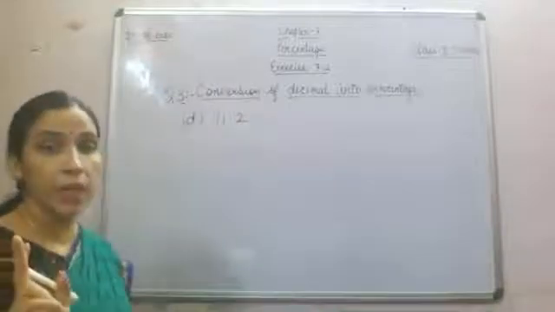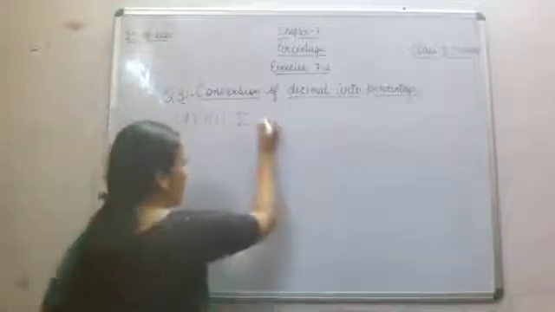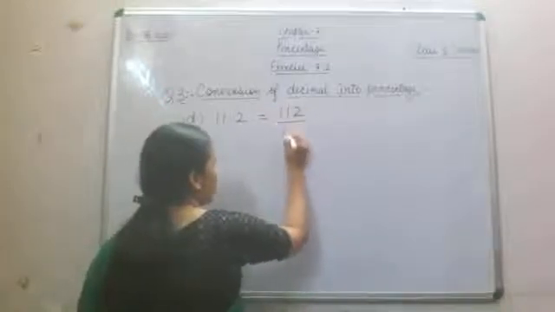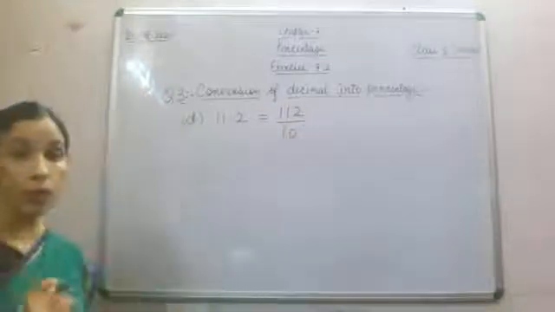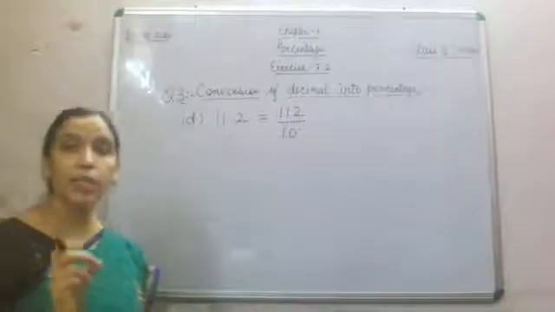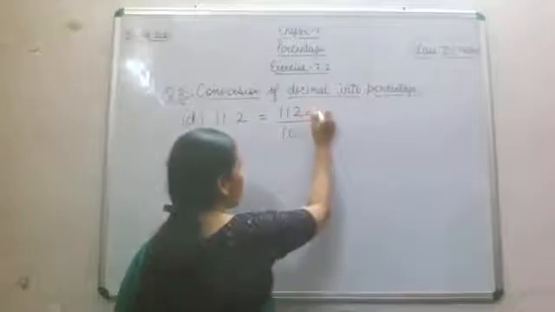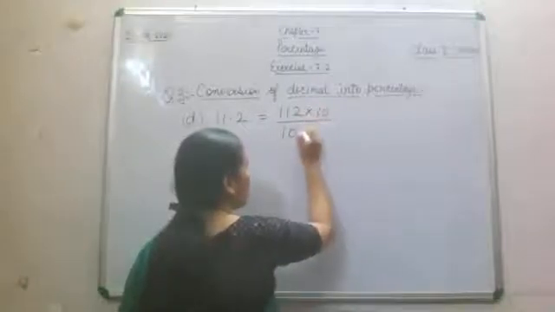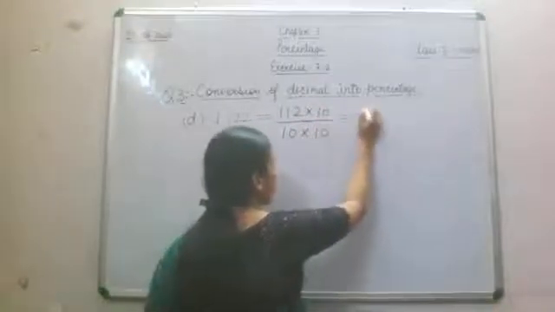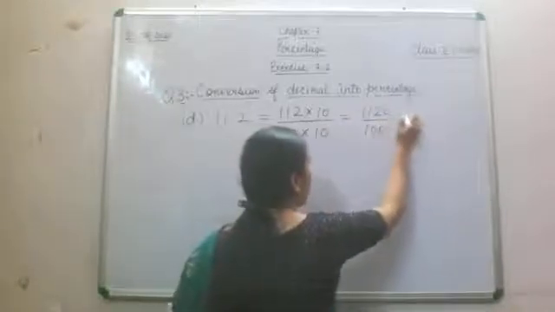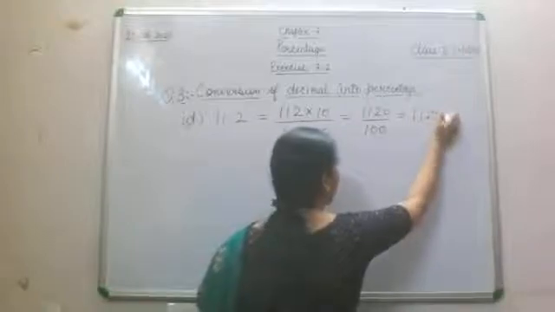Remove the decimal and put as many zeros in the denominator as there are decimal places. So we have written this. Now here what happened? In the denominator you require 100, but this will become 10. So what we will do, we will multiply 10 in the numerator and 10 in the denominator. So this will become this and 100, and this will become 20%.